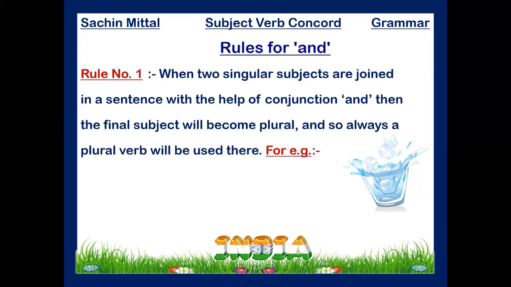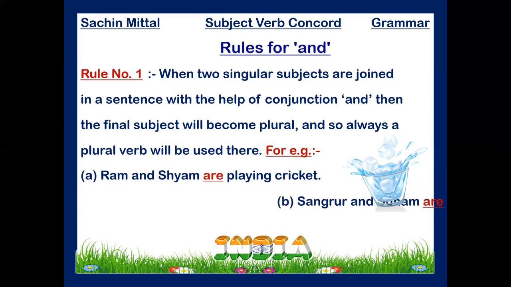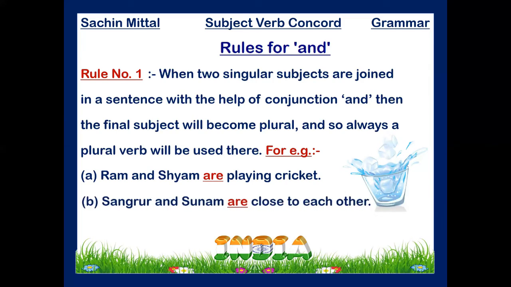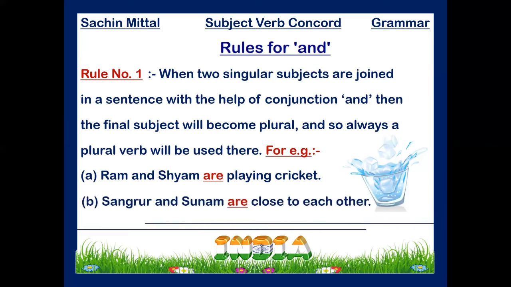And because this subject now has become plural, it is always good to use a plural verb for that subject. So, rule number 1 says, when two singular subjects are joined in a sentence with the help of the conjunction and, then the final subject will become plural, and so always a plural verb will be used.